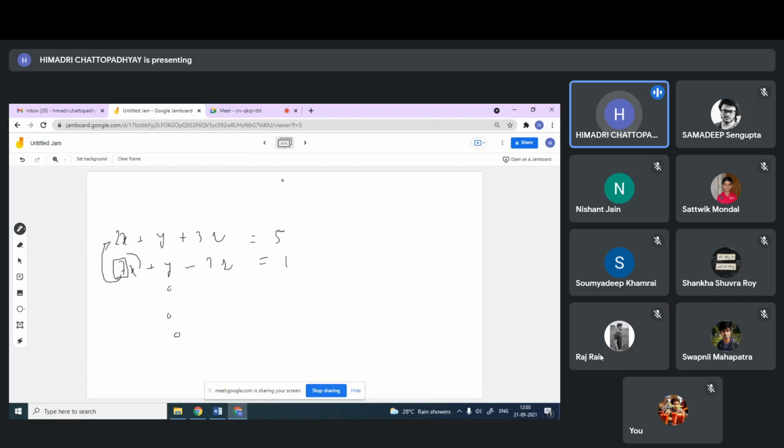So if you have a number of rows and the highest coefficient of x is here, we take it to the top part and bring it here. So that way we try to make the element value here more than the value of this. That is a trick which is useful.